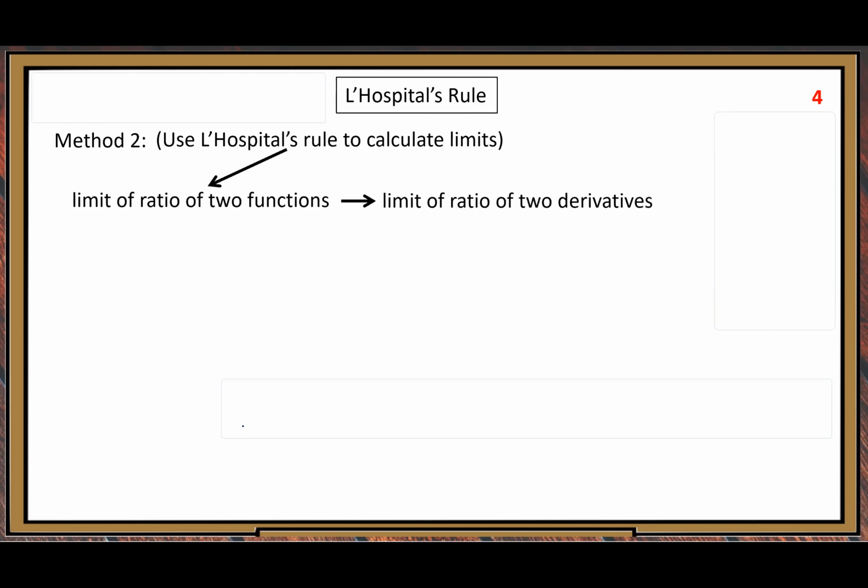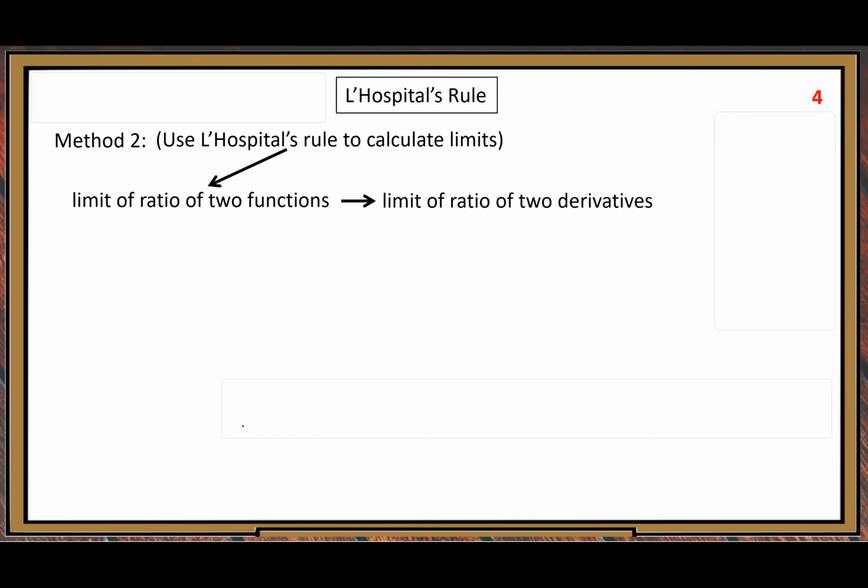Many times, calculating the limit of the ratio of two growth functions directly is very hard. Then L'Hopital's rule tells us to just calculate the ratio of their corresponding derivatives.